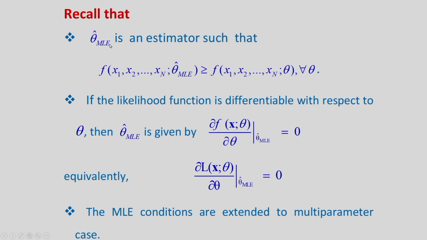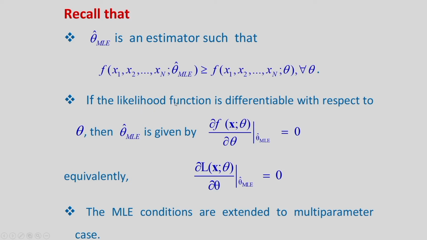Recall that theta hat MLE, the maximum likelihood estimator, is an estimator such that the density function, considered as a function of theta hat MLE, is greater than or equal to the density function as a function of any other theta. This is the basic definition.